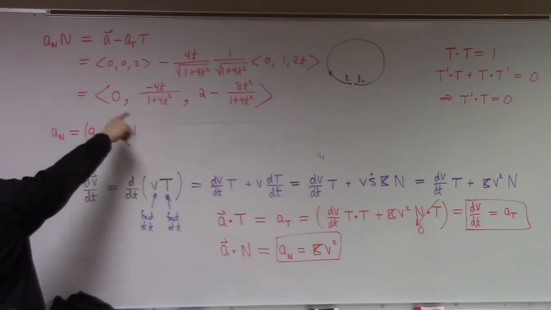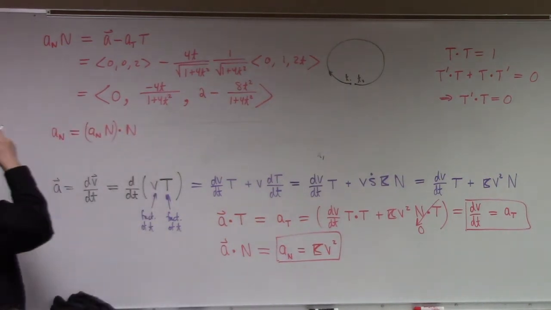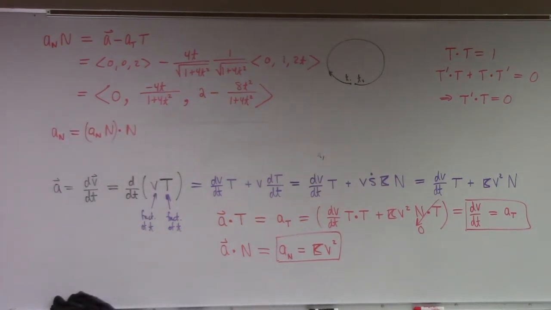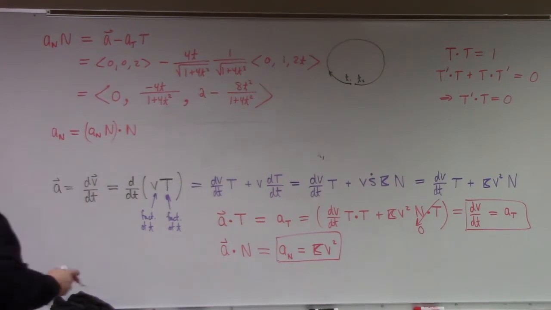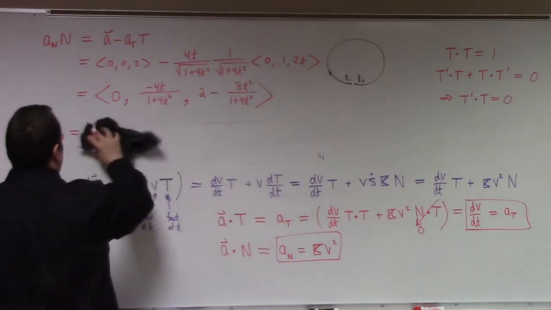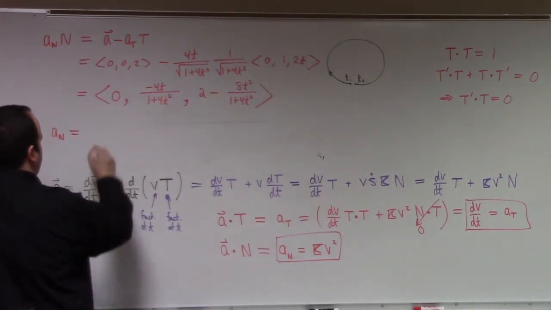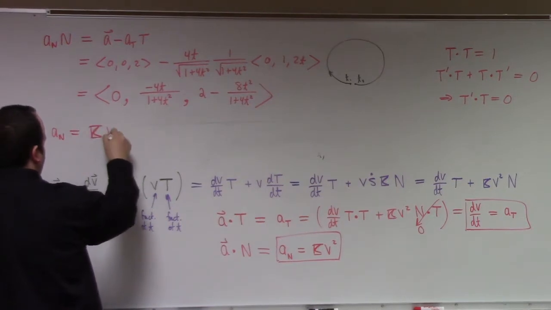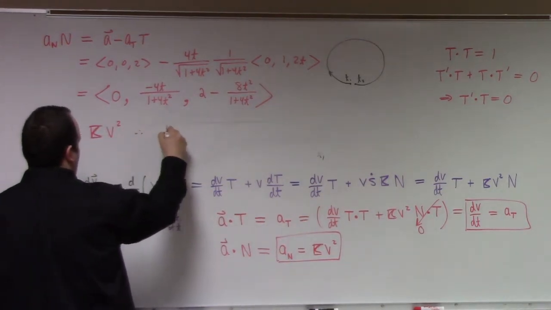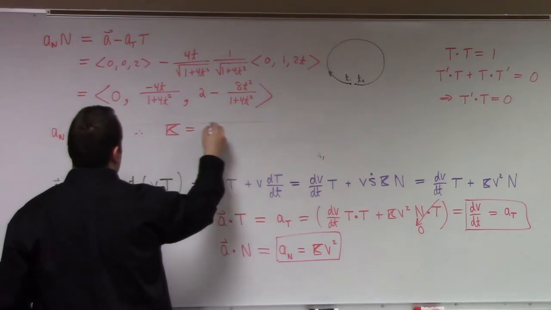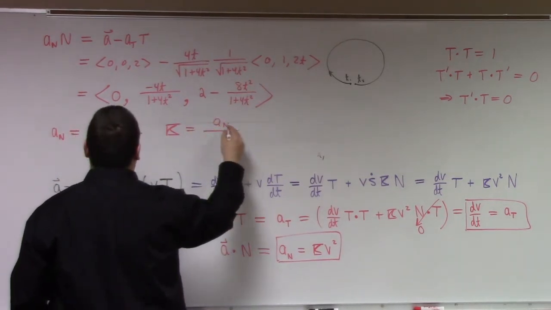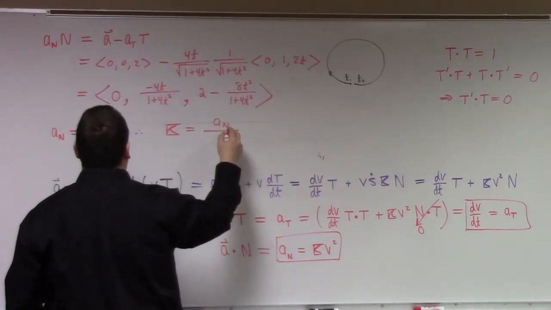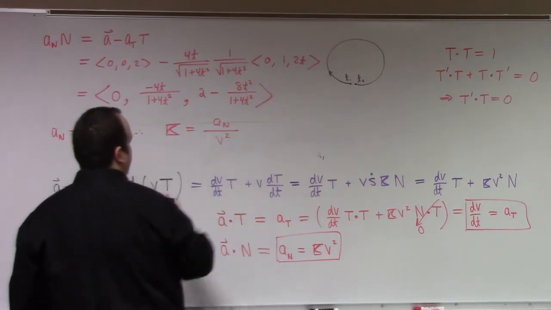That is kappa v squared, right? So therefore, the curvature is also equal to what? It's equal to the normal component divided by the speed squared.